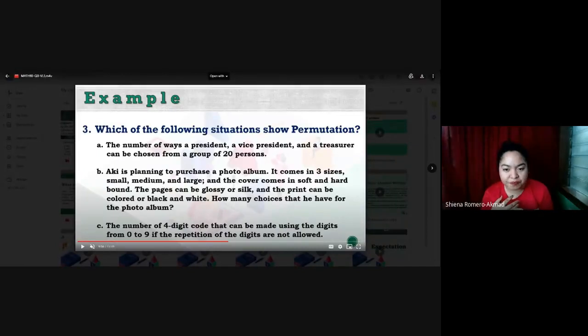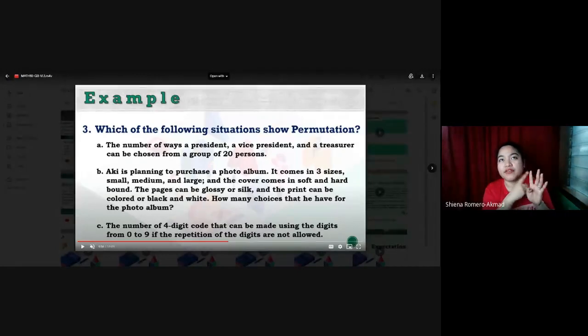Look at letter B. It says it comes in 3 sizes. So first, there are sizes. Second, it has soft or hard bound, the cover. The pages can be glossy or silk. The print can be colored or black and white. So, as you can see in letter B, there are 4 groups, and each of the 4 groups has different choices.